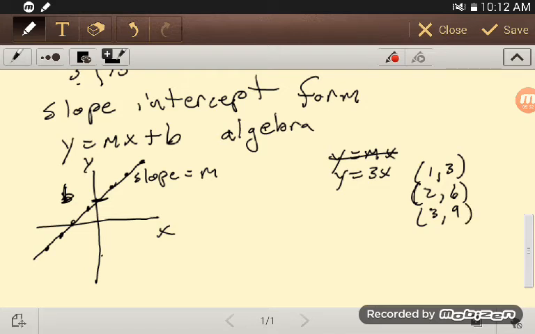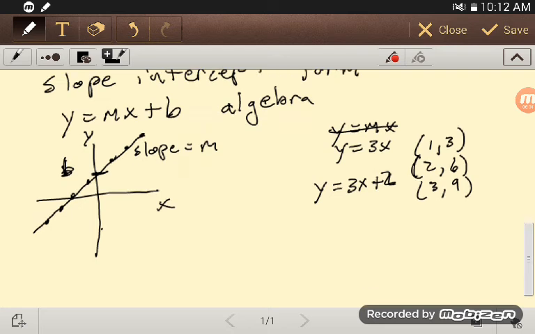Now notice what happens if I do y equals 3x plus 2. If I use those same x values, 1, I take 3 times 1, I get 3, but then I add 2 to it. I'm going to write it this way, 3 plus 2, and that's 1 and 5.